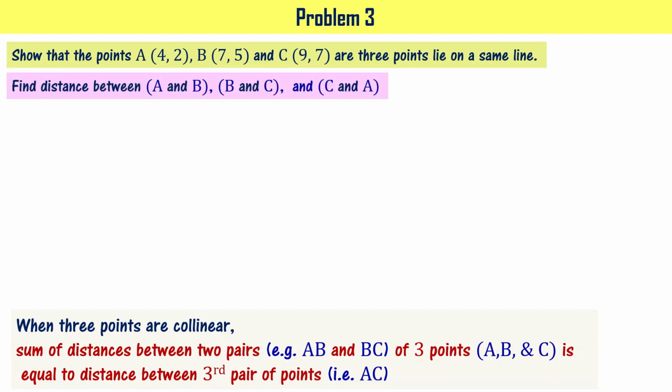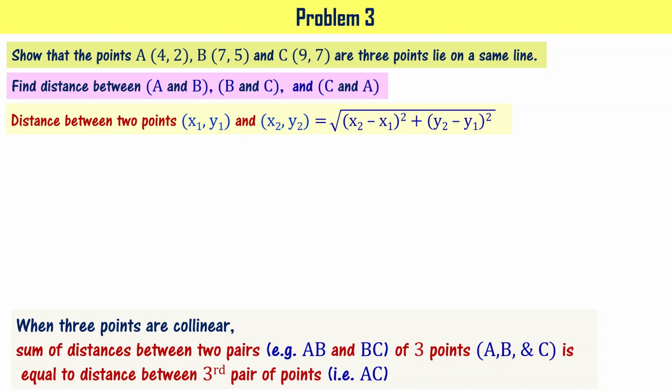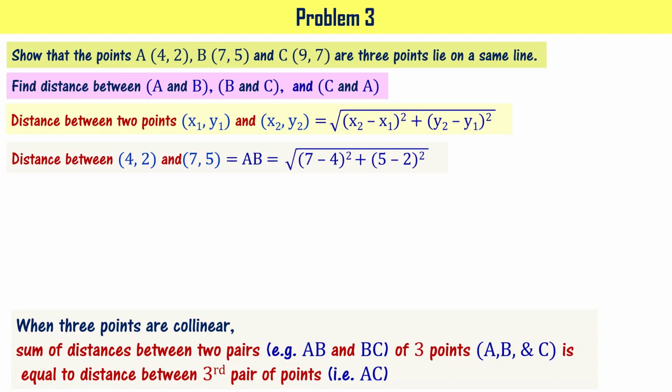To do that, let's find the distance between A and B, B and C, and A and C. These are the 3 pairs, right? And we know that the distance between 2 points can be computed as the square root of (x2 minus x1) whole square plus (y2 minus y1) whole square. Now, the distance between 4, 2 and 7, 5, that is line segment AB, equals the square root of (7 minus 4) whole square plus (5 minus 2) whole square.